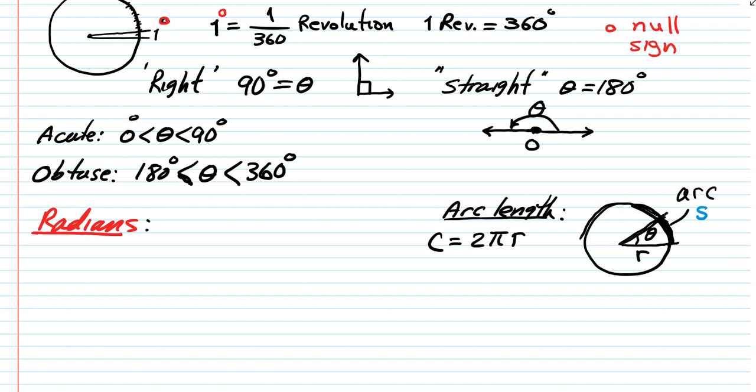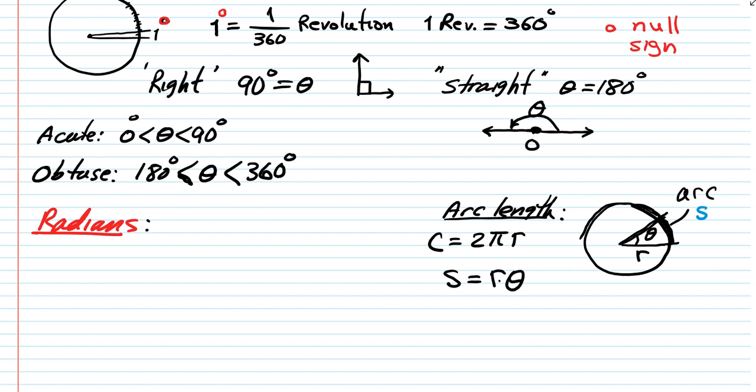Well, from this, we can actually come up with a formula for radian measures. Now to do that, we also have a formula for the arc length. s is equal to r theta. So the arc length is given by r times theta.